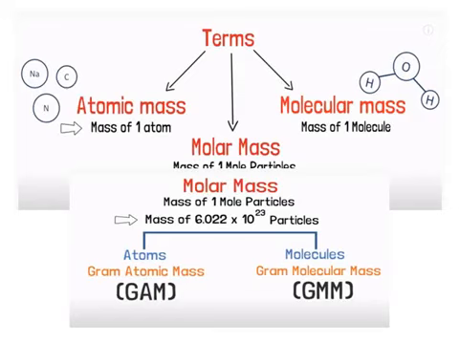Then we have seen molar mass, the mass of 1 mole of the particle, which is the mass of 6.022 into 10 to the power 23 particles. In the case of atoms, it is the gram atomic mass, whereas in the case of molecules, it is the gram molecular mass.